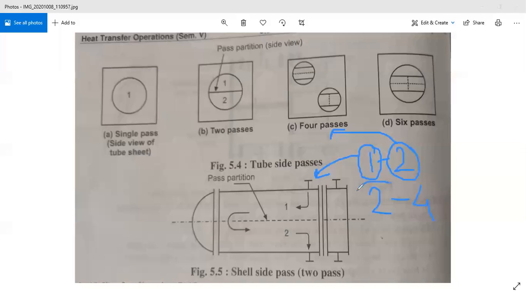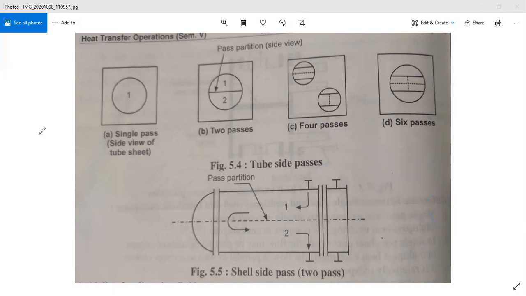In a second example, there are two passes arrangement in the shell side fluid and there are four passes arrangement in the tube side fluid. So these numbers clearly indicate the first number, that is shell side fluid passes, and second number, that is tube side fluid passes, right?